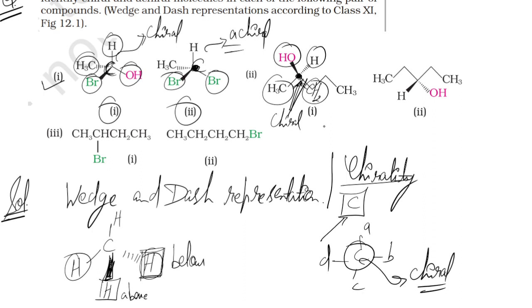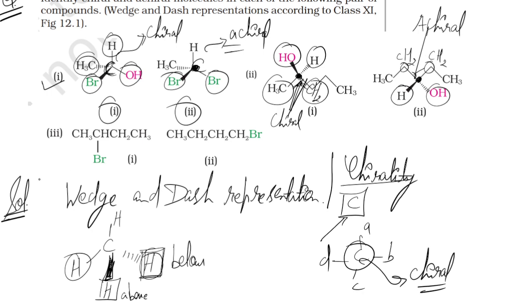But in the other one, one valency is from the hydrogen, the second from the OH, but the other two are both CH2. So this is your achiral center, because two of its valencies are the same.